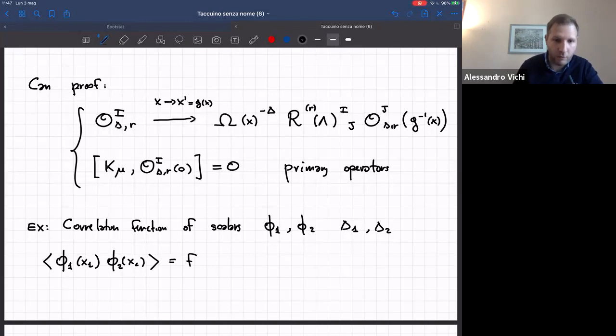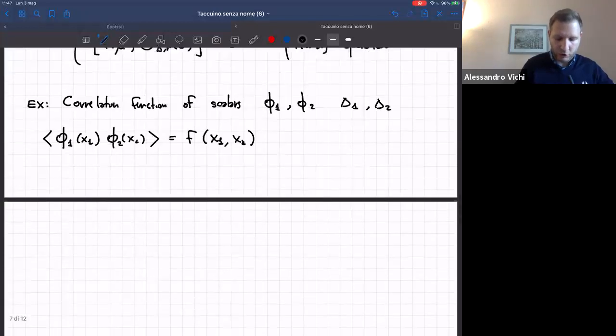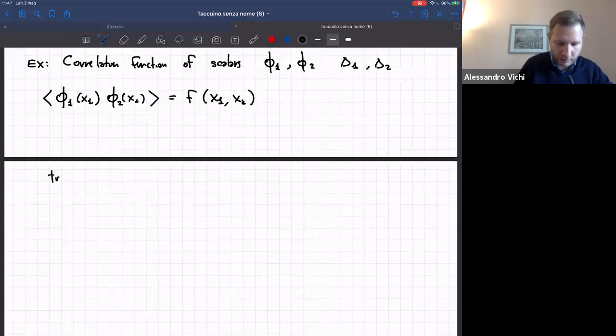f of x1 and x2, which in principle, if I was completely agnostic, could depend on both coordinates in an arbitrary way. Then, of course, this is not the case, because invariance under translation implies that this f is only a function of the difference.